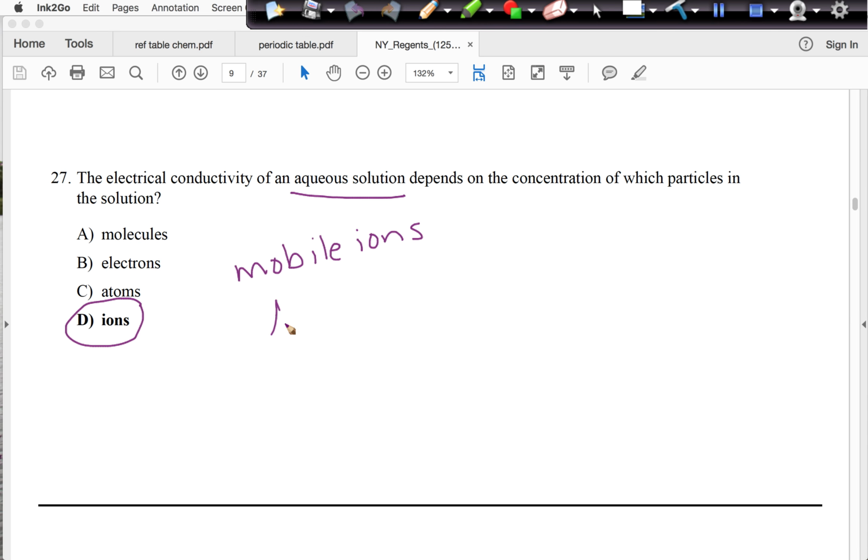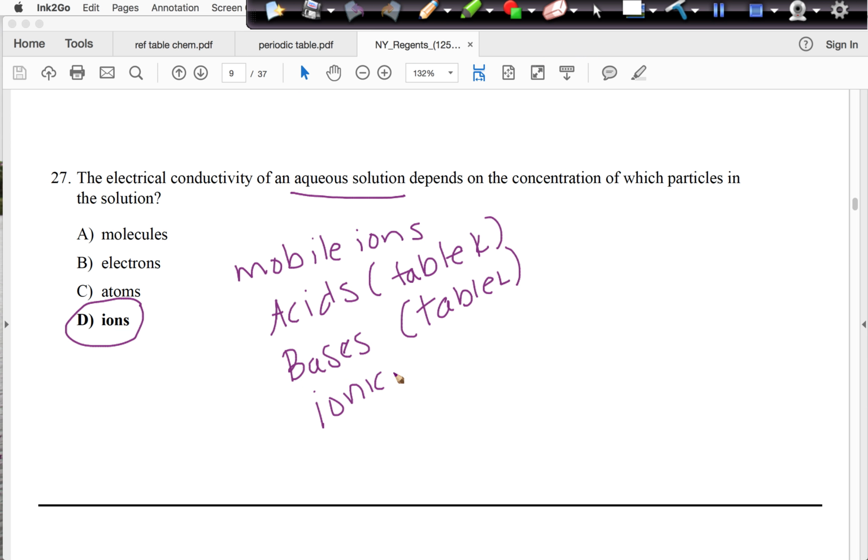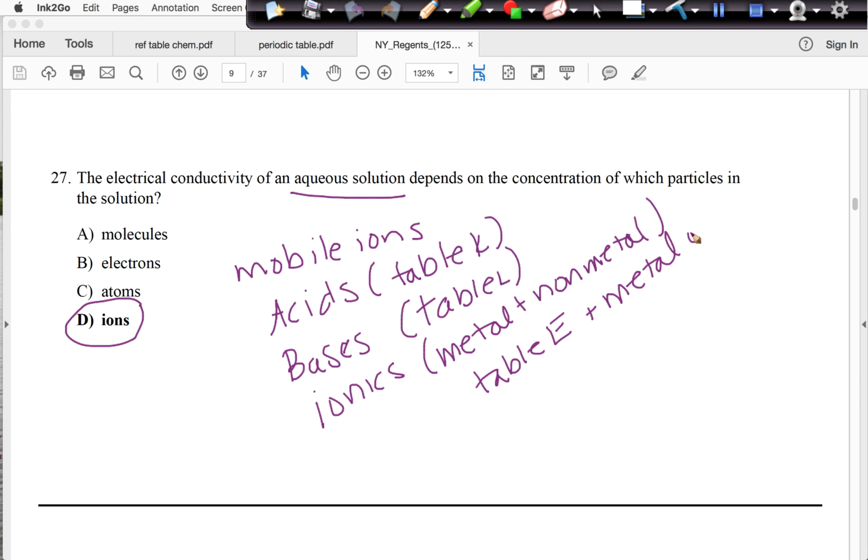The solutions that conduct would be acids, which we can find examples of on Table K, bases, which we can find on Table L, and ionic compounds, which is usually a metal plus a nonmetal, or something positive from Table E with something negative from Table E. But these substances, when we dissolve them in water, will separate into ions, and those ions will be able to move, which is why solutions can conduct.